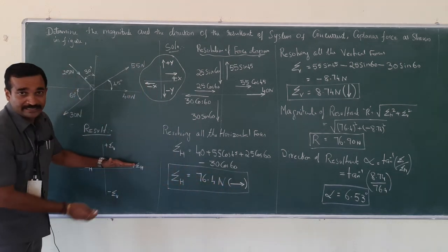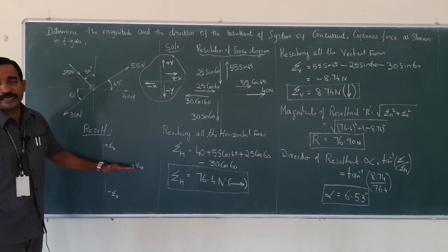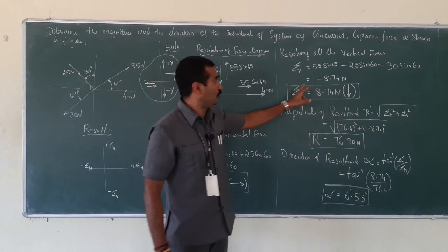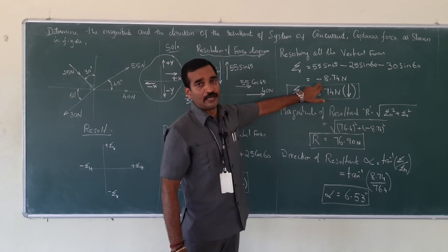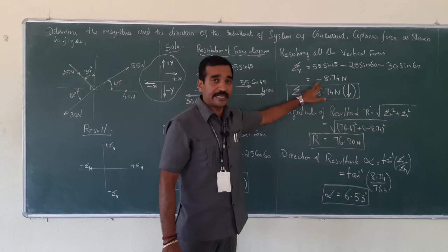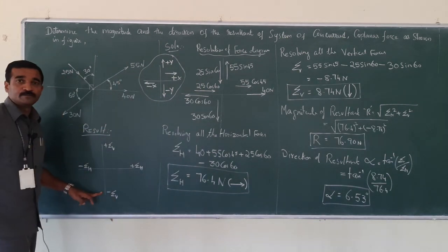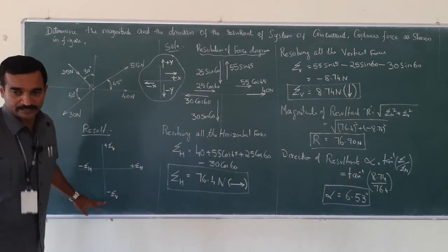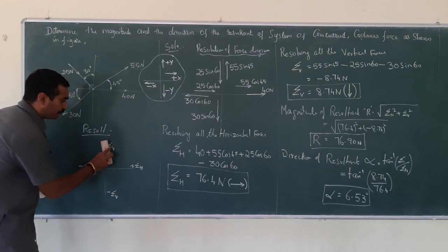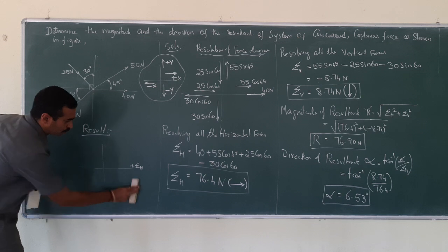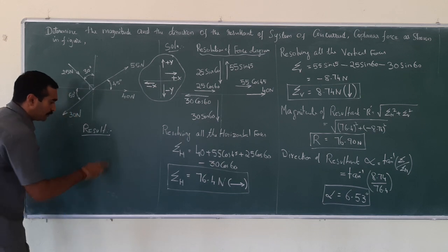Therefore, this will come in this portion only, in the positive X direction only. Summation V carries a negative value, therefore it is downwards. So here it is negative, therefore it will be captured here only. The rest I am just going to wipe off, because for your understanding only I had written positive, negative here, right?